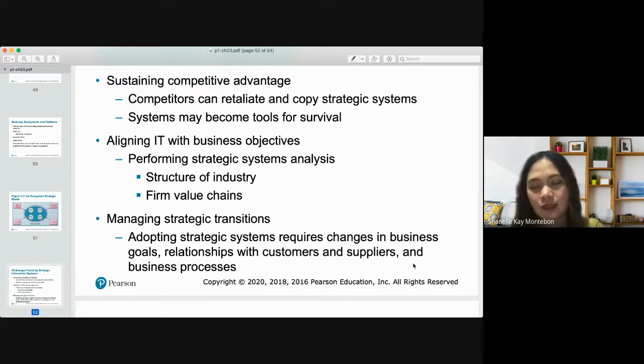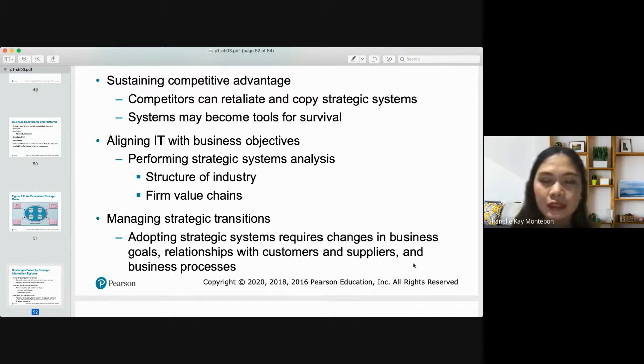Adopting strategic systems requires changes in business goals, relationships with customers and suppliers, and business processes. These changes are the strategic transitions. So, to end this discussion, implementing strategic systems often requires extensive organizational change, and these are strategic transitions.